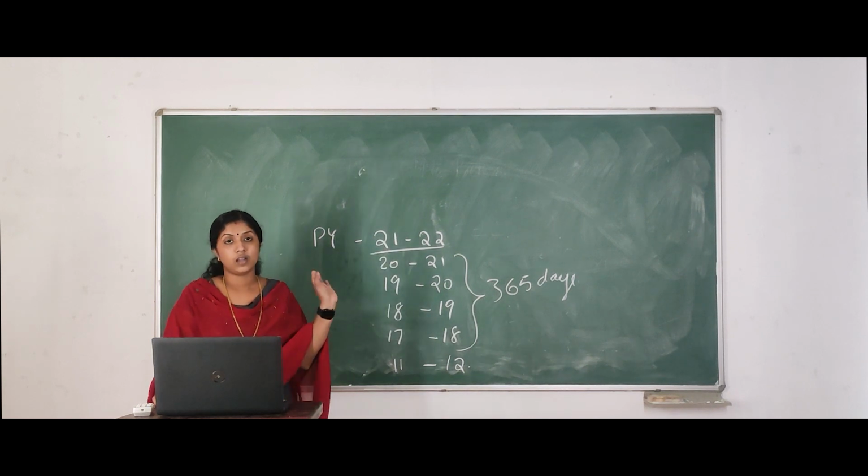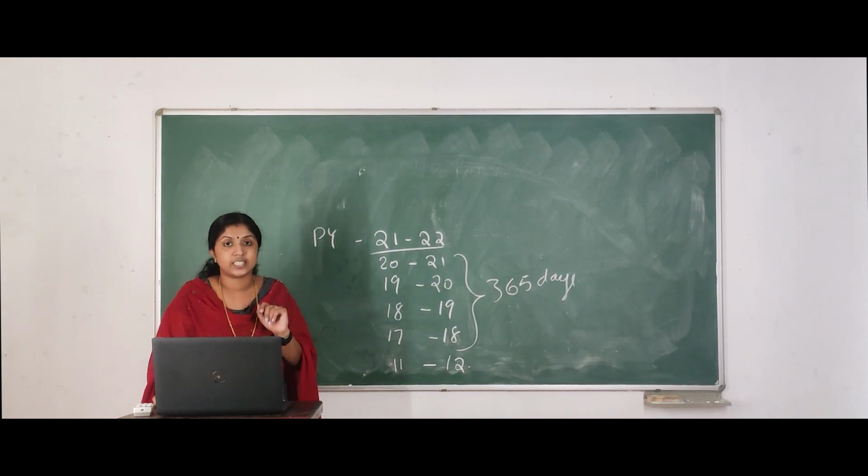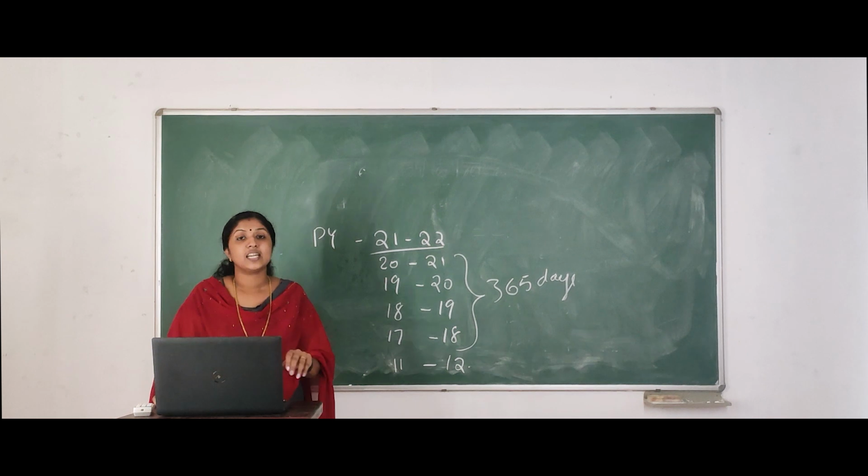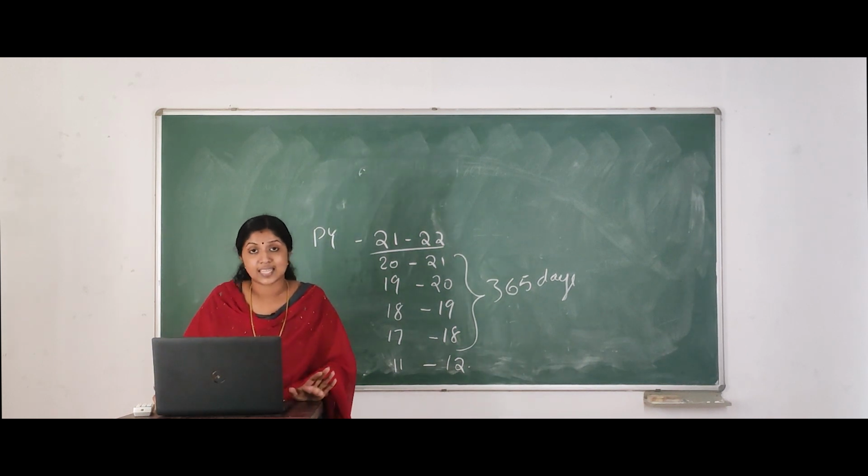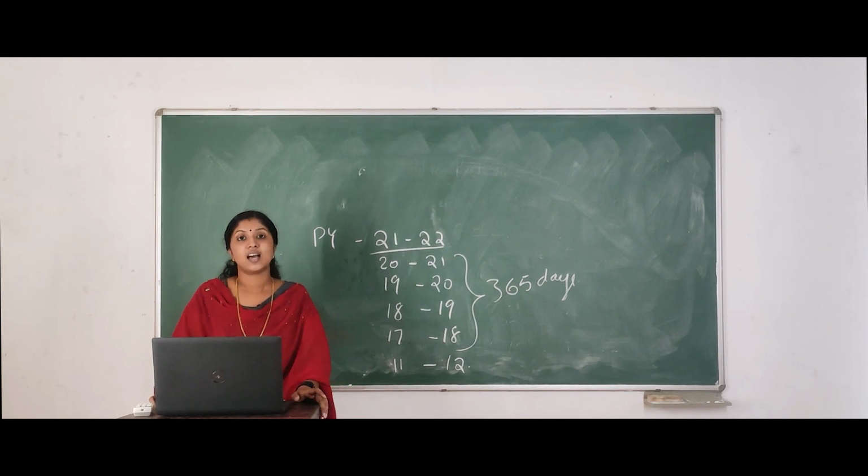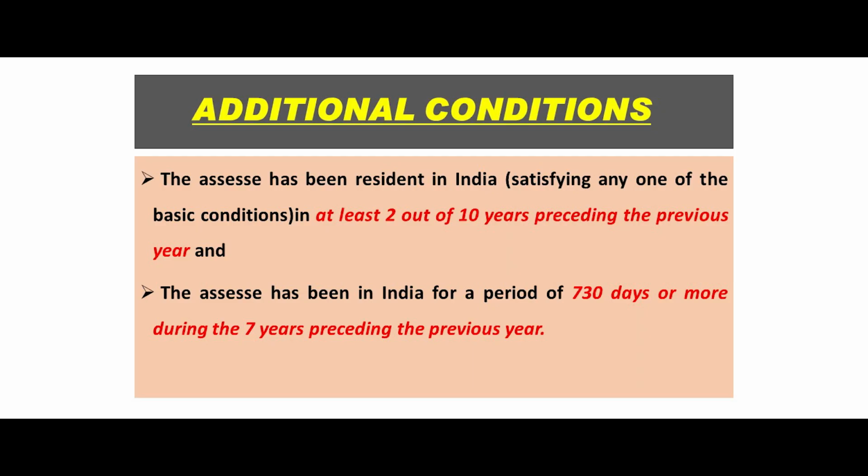So the first additional condition says that the assessee has been resident in India for 2 years out of 10 years preceding the previous year. That means the assessee is in India 2 years, with 182 days in each year.